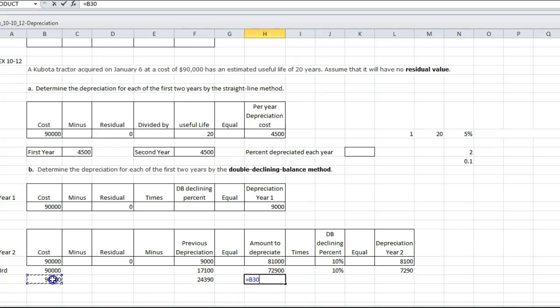And you just proceed like this until you get down to what the salvage value would be. And you can't depreciate past the salvage. So it's not complicated, it's just different. So this would be 6,561. And the main thing you have to remember is to keep deducting the previous year's depreciation.